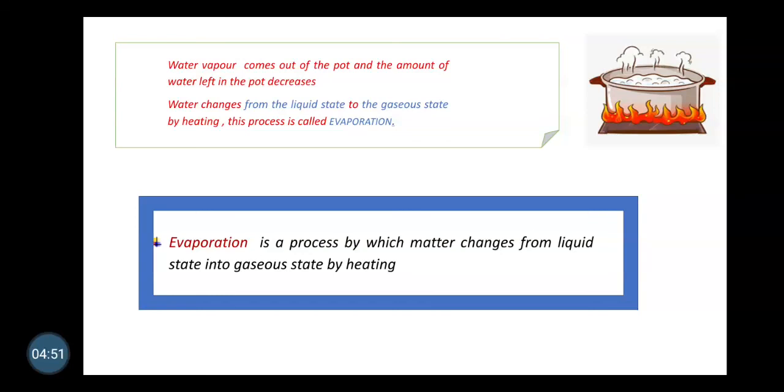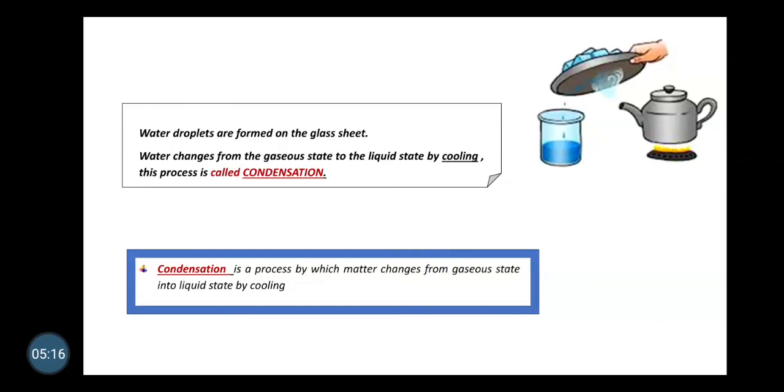We will notice that water vapors come out of the container, and the amount of water in the container decreases. Why? Because the water changes from the liquid state to the gaseous state, and this is called evaporation. It is the process in which matter changes from the liquid state into the gaseous state.